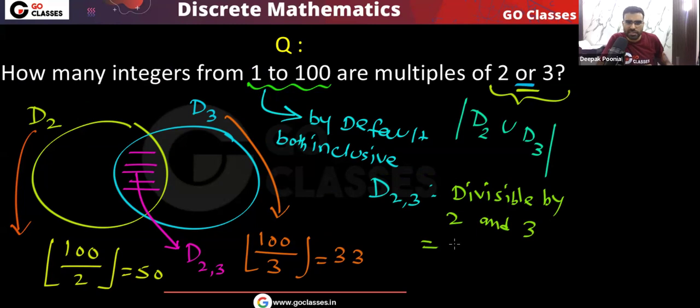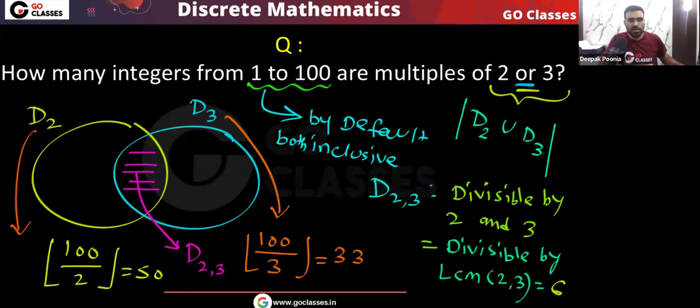In simple words, divisible by the LCM of 2 and 3. And what is the LCM of 2 and 3? That is 6. So this common area is D6, because these common elements are those integers which are divisible by 6.